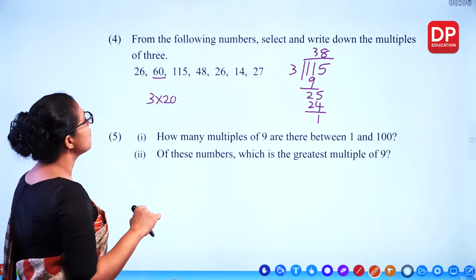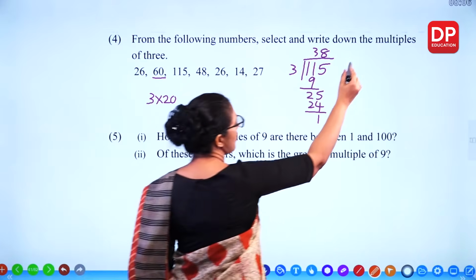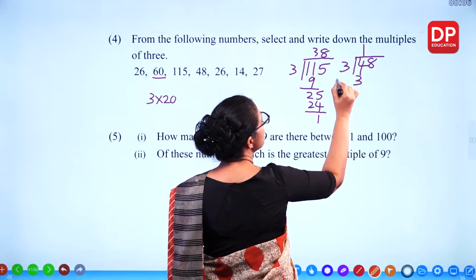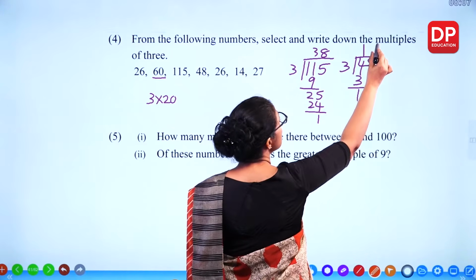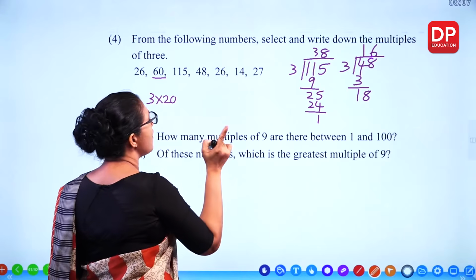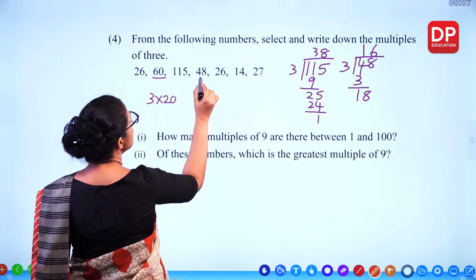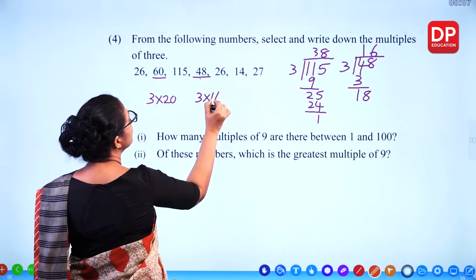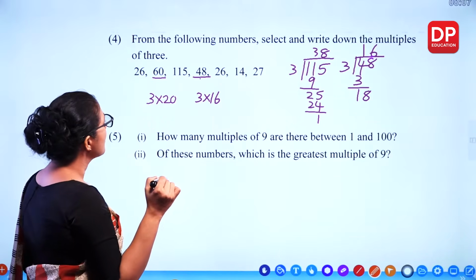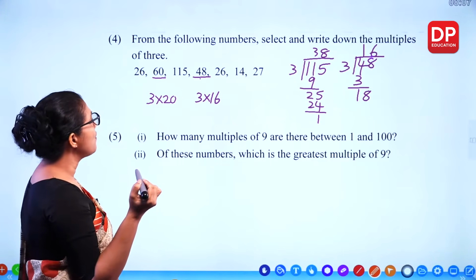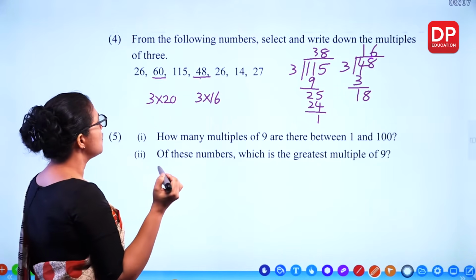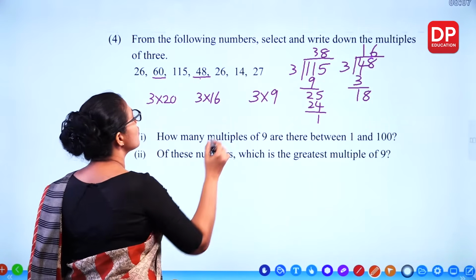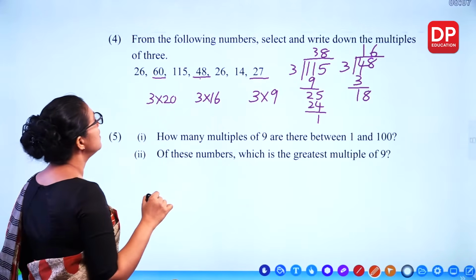So it's not divisible. 48, it's divisible. Just check. 3 times 1, 3. For 18, that's 6. So you can write 3 times 16. 26, you can't divide by 3. 14 also not divisible, but 27, we know that that's 3 times 9. So that's also a multiple of 3.